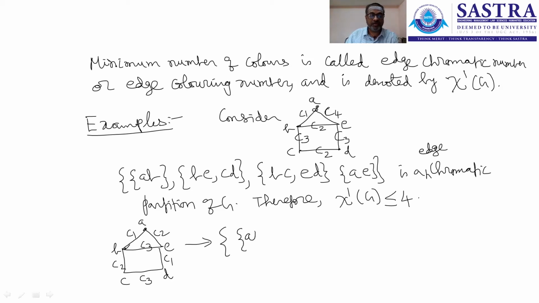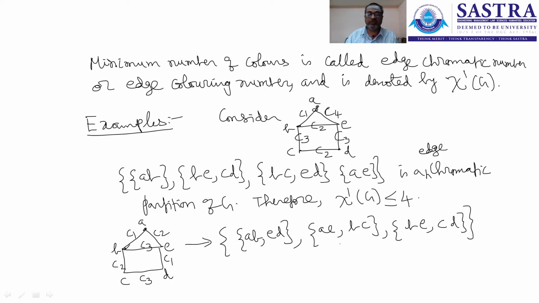For example, here I have AB and ED. Now when I take C2, I will have AE and BC. And when I take C3, I have BE and CD.